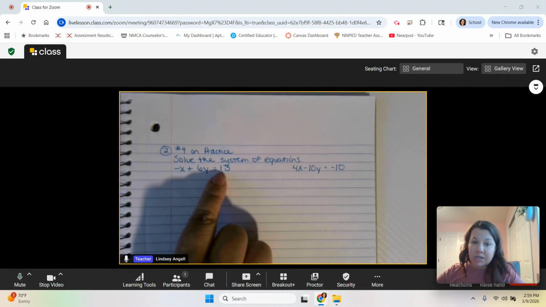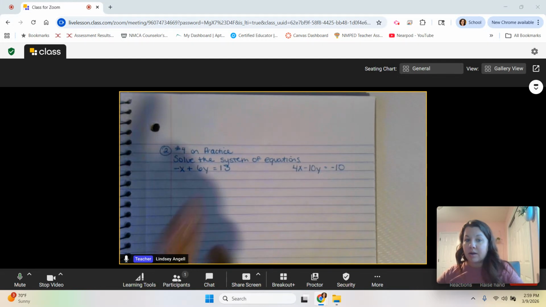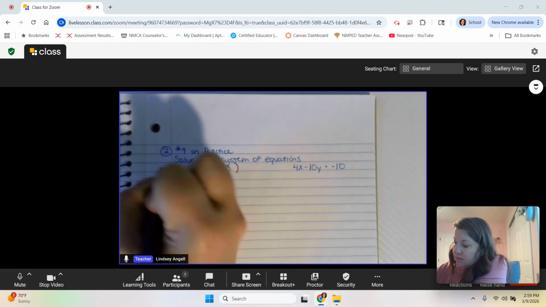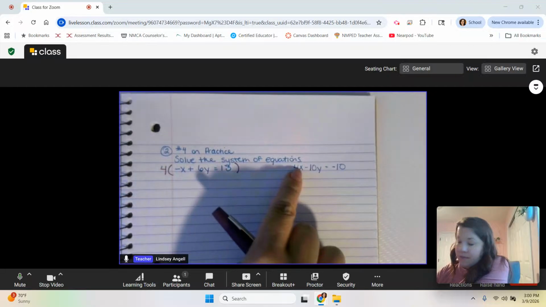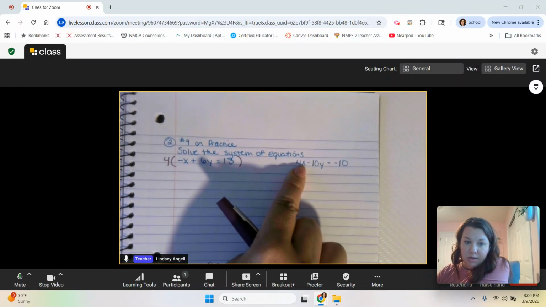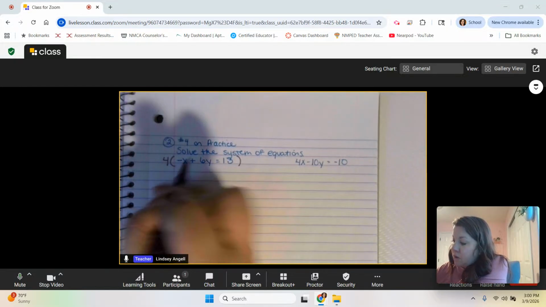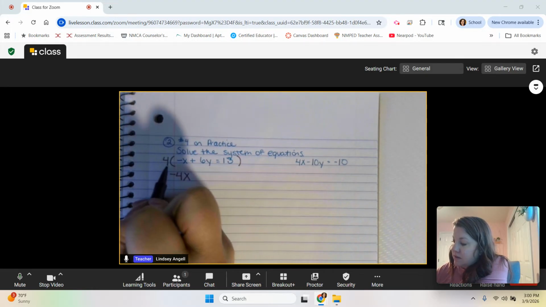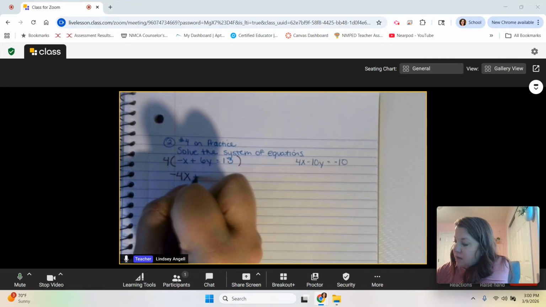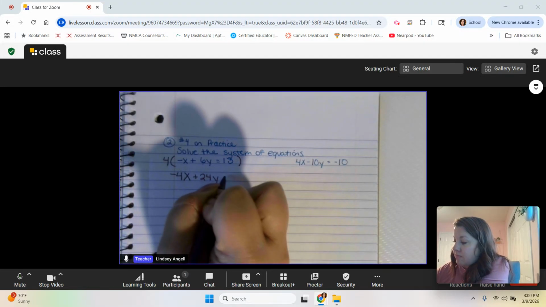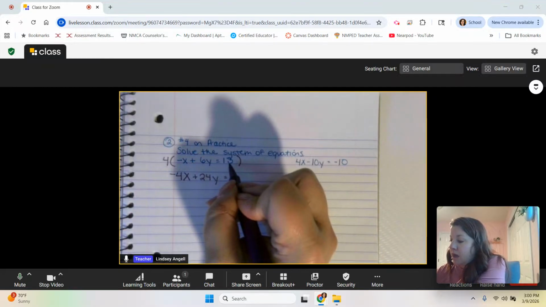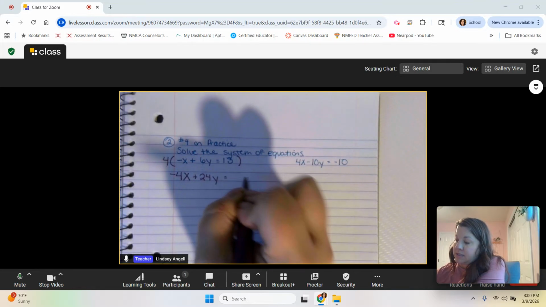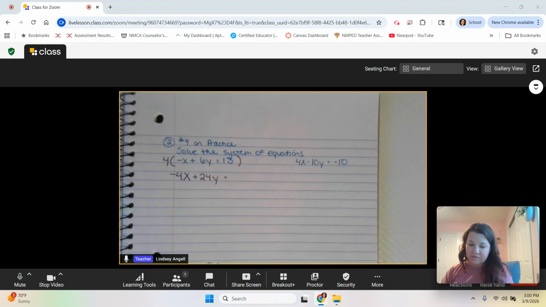So really what I could do is multiply this entire equation by 4. And by doing so, I'm going to end up with the same coefficient on my x value. So 4 times negative 1 is negative 4. So we've got negative 4x. 4 times 6 is 24. And then 13 times 4 is 52.